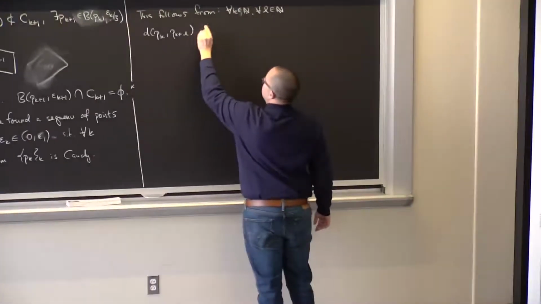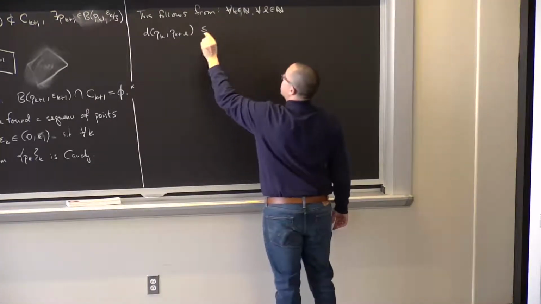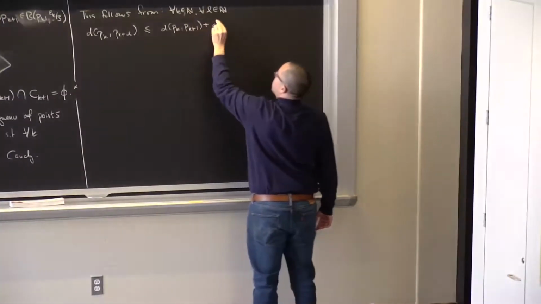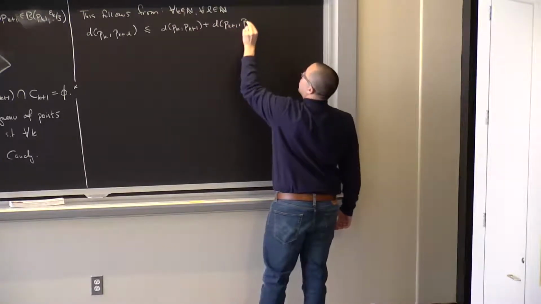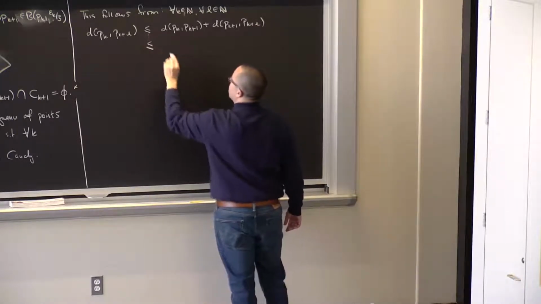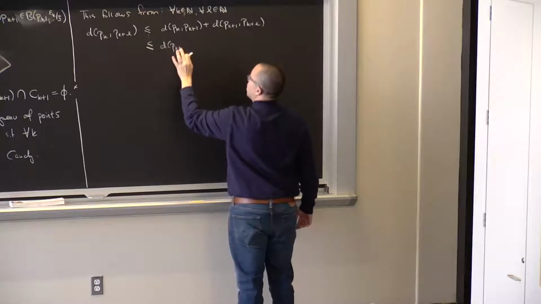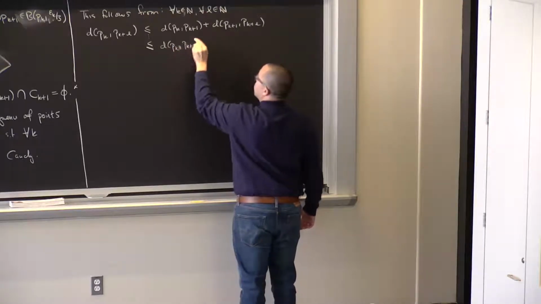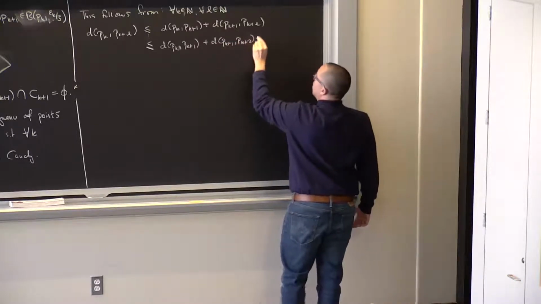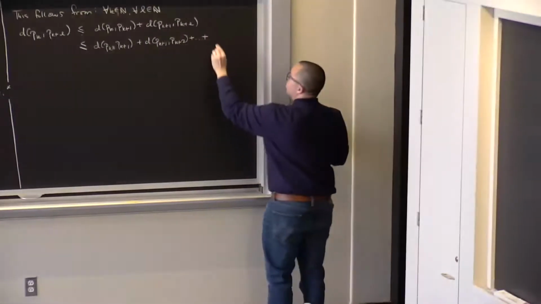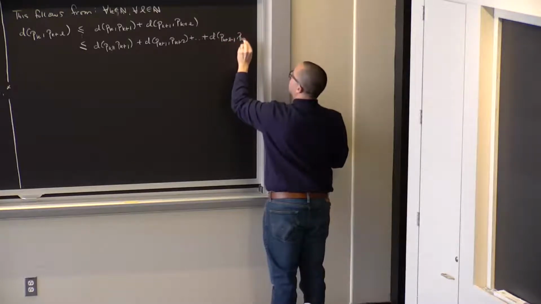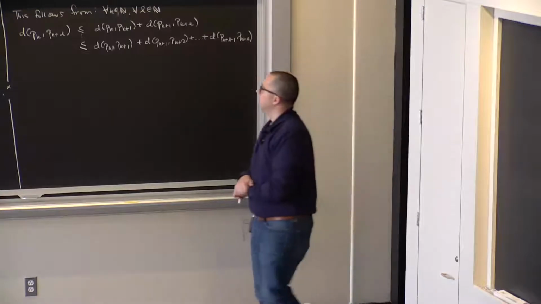Then by the triangle inequality repeated, this is less than or equal to the distance from p_k to p_{k+1} plus the distance from p_{k+1} to p_{k+L}. And now I can do the triangle inequality again, and so this is less than or equal to the distance from p_k to p_{k+1} plus the distance from p_{k+1} to p_{k+2}, and so on until I get to the distance between p_{k+L-1} and p_{k+L}. Okay?